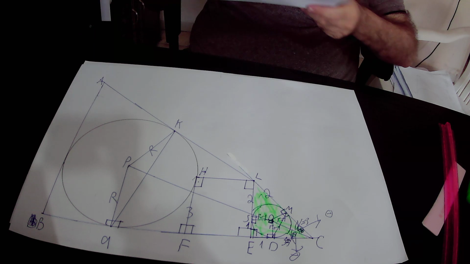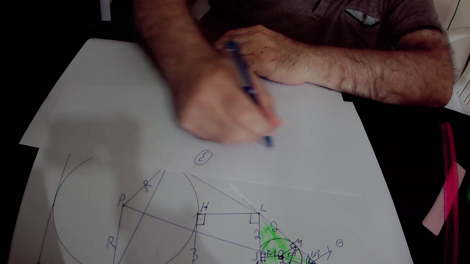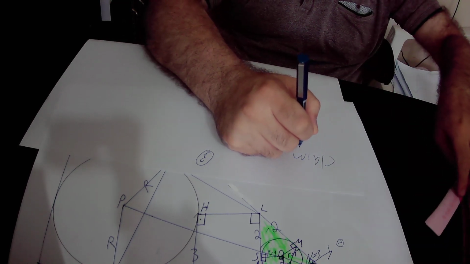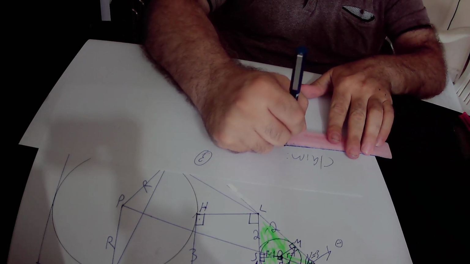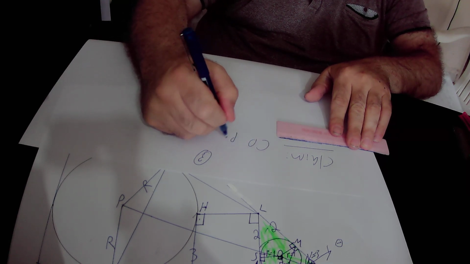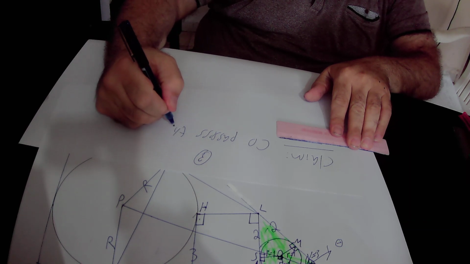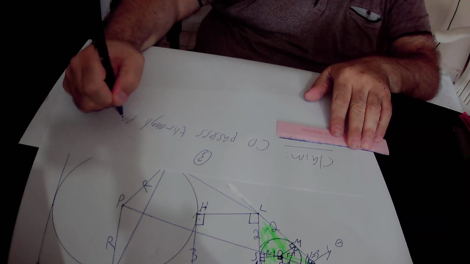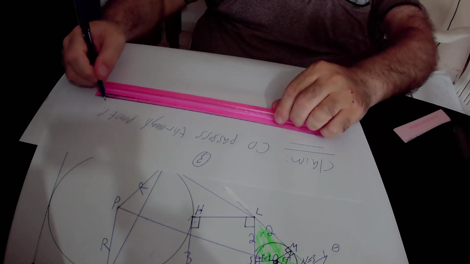So I write down the claim. According to our claim, the angle bisector CO passes through point P. Okay, I'll repeat again.